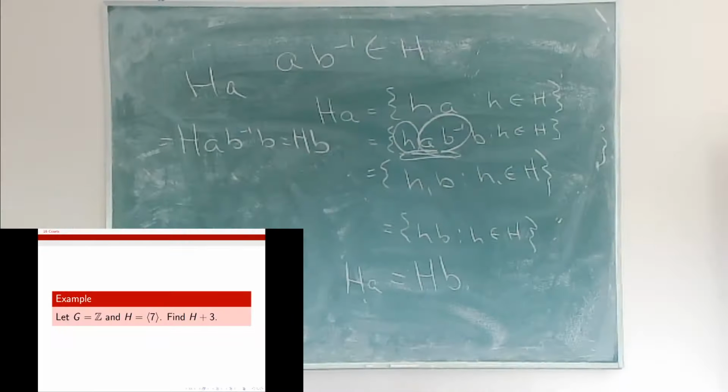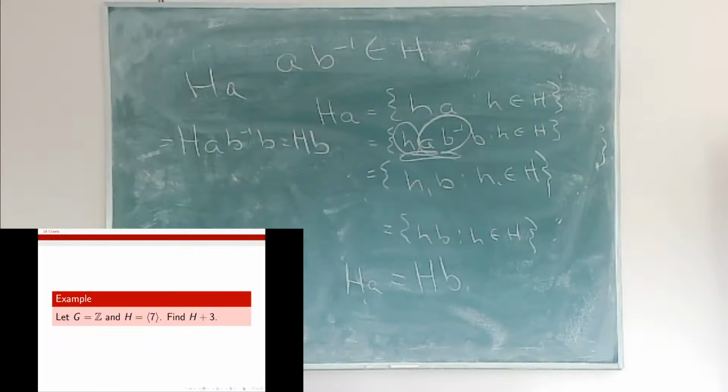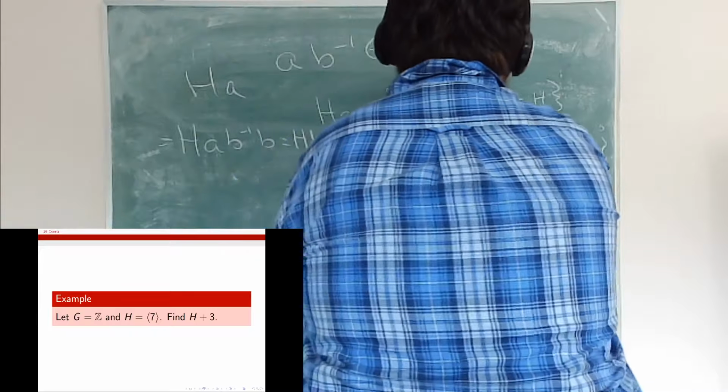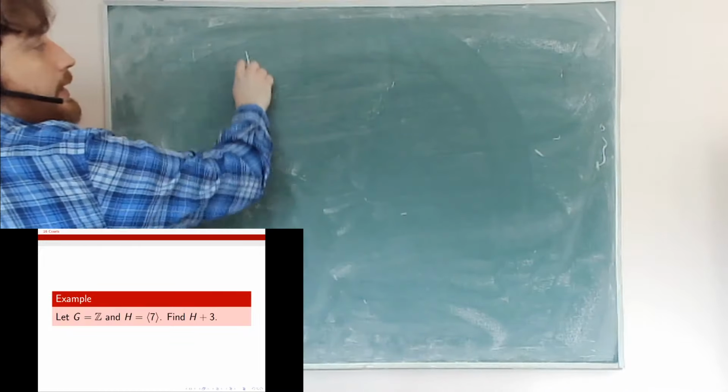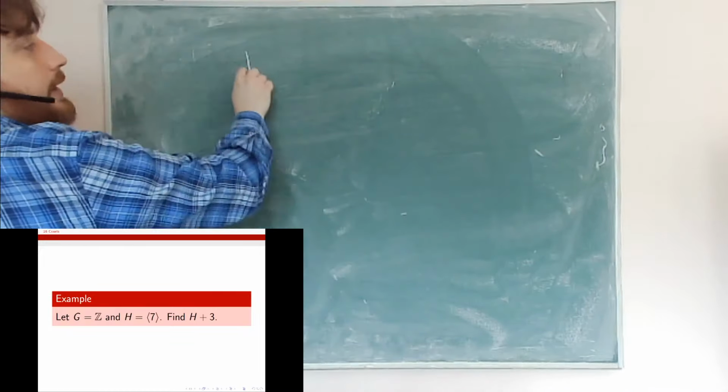All right. So let me write that up at the board because that'll make it easier. What we have was H is equal to all the things of the form 7k such that k is an integer.